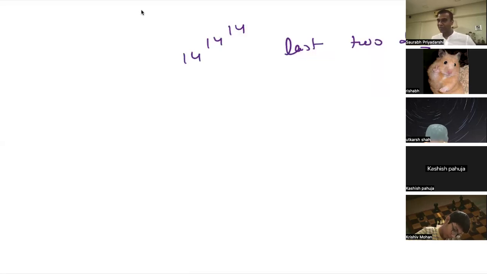I'll not use the Euler totient function; without that, I'll do it. Now you can use it, if you know, you can go ahead with that. But we have to study, that's the reason I have to hold that. Very good. Send the solution.